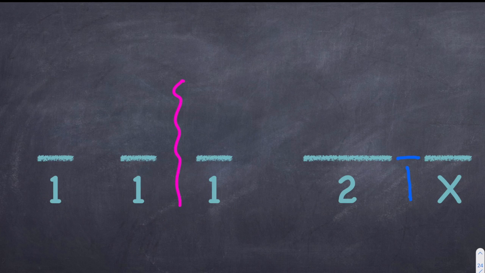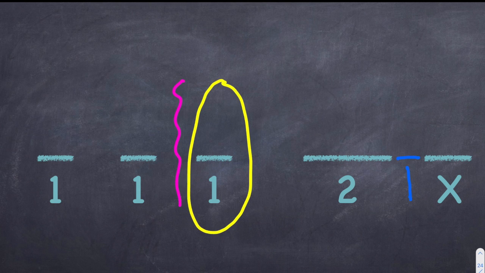Okay, this first sound here is making the s sound, but it is not the letter S, because when a letter C is followed by an I, E, or Y, it makes the C make the S sound.